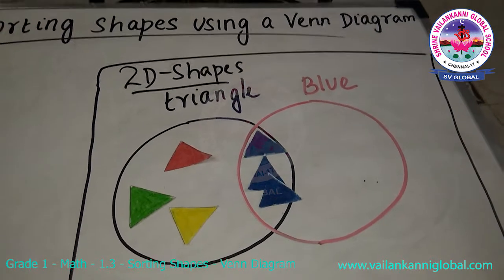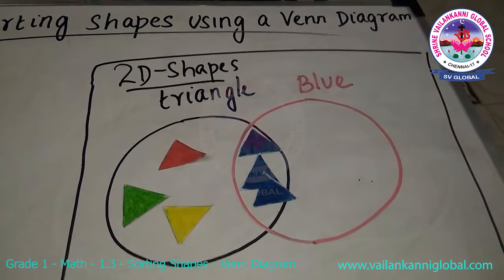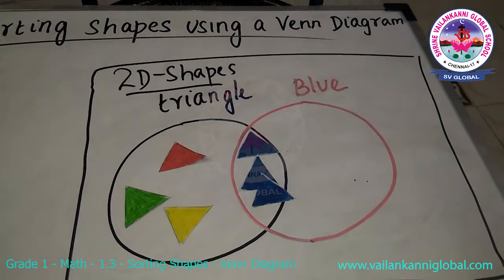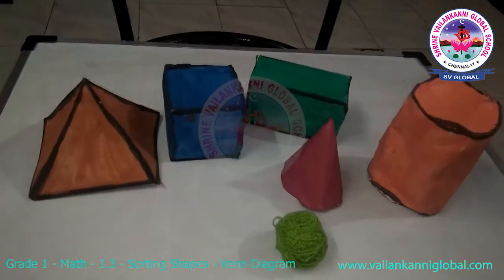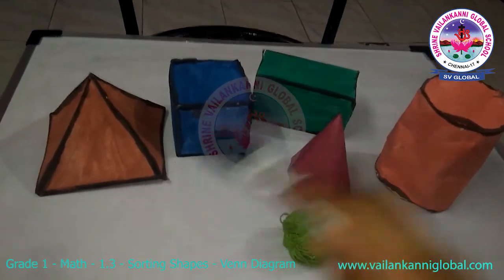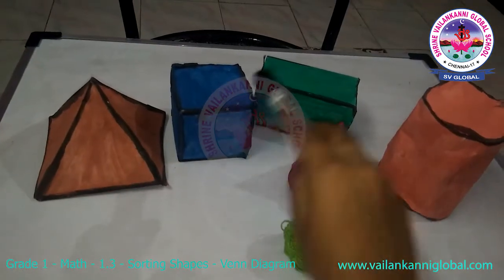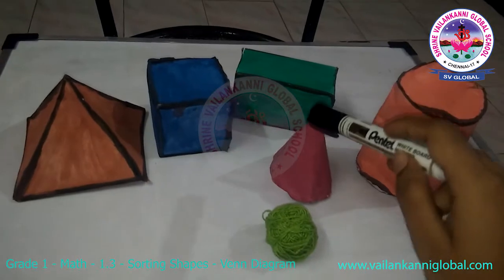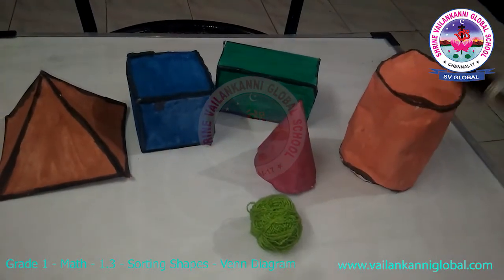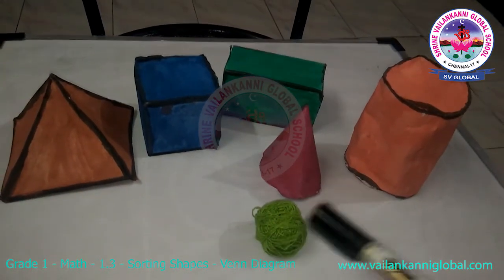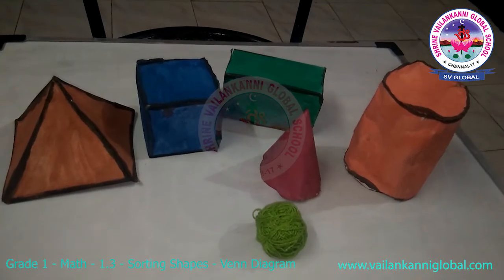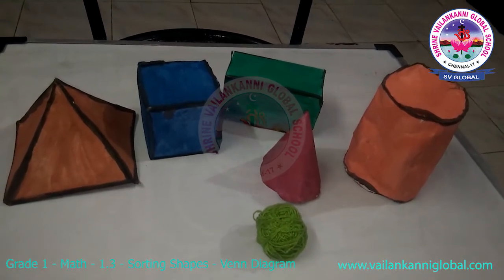Let's see another example which involves how to segregate 3D shapes. Now if you can see, I have some 3D shapes over here. This is a pyramid, this is a cube, this is a cuboid, this is a cone, this is a cylinder, and this is a sphere. Let's see how we can sort these using a Venn diagram.